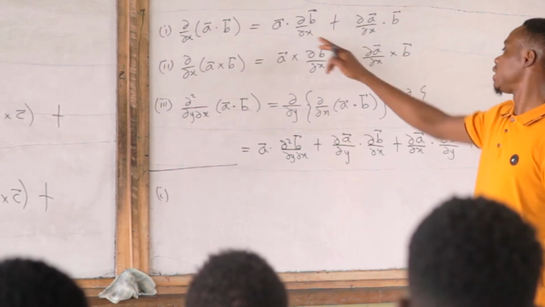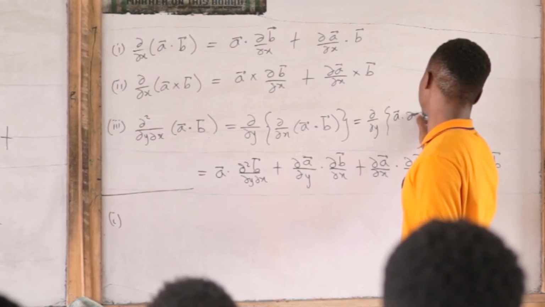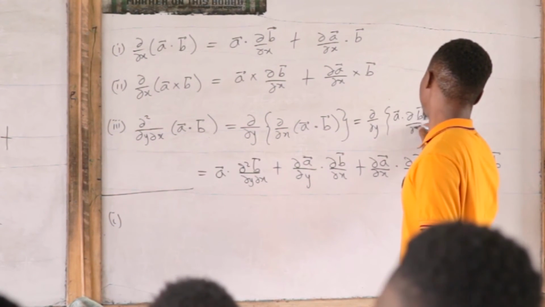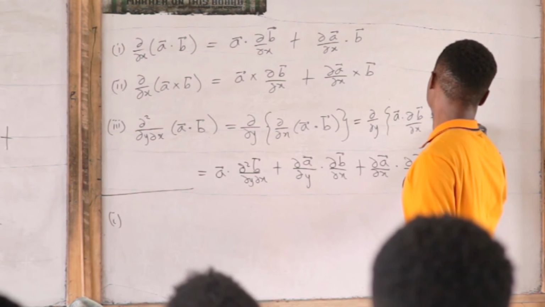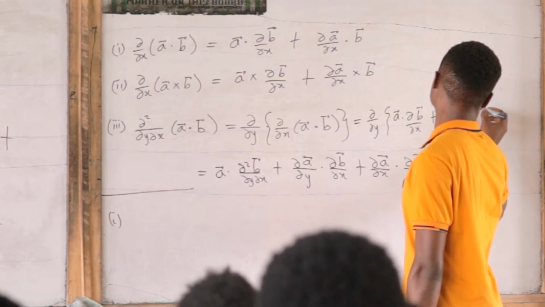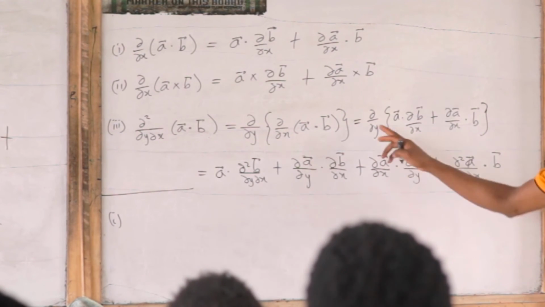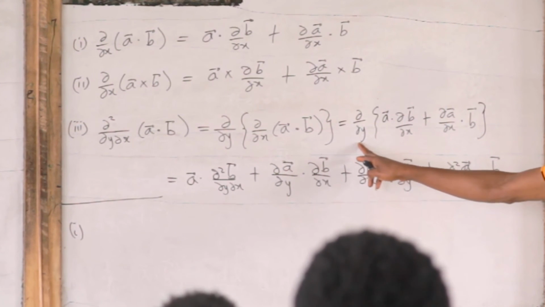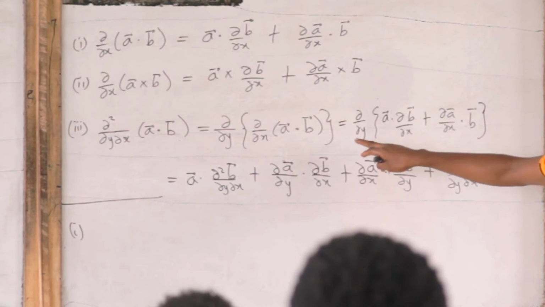So I can put in what I have here into this. That is going to be a dot del b del x plus del a del x dot. Does that make sense? Then I can differentiate that with respect to y. I'll pick this first and differentiate with respect to y.